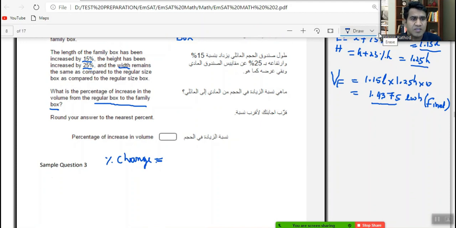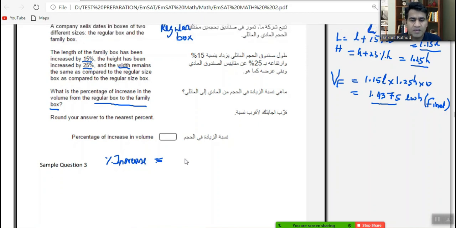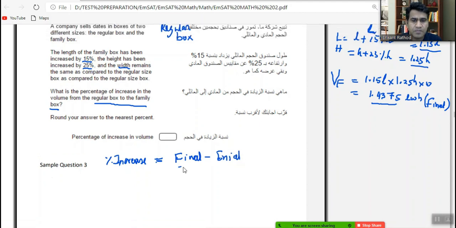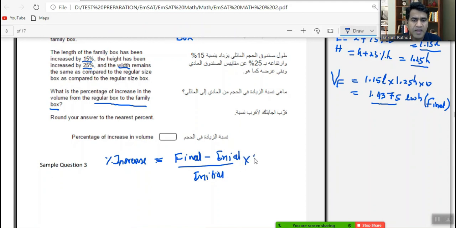Percentage increase is final value minus initial value over initial value times 100.